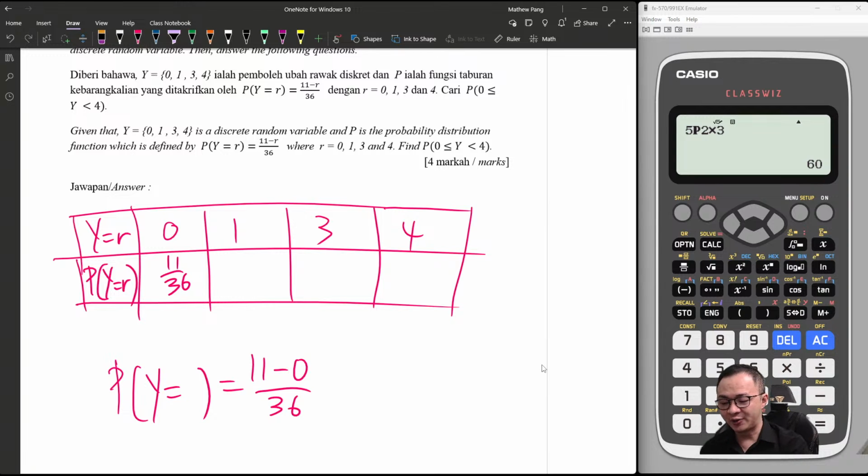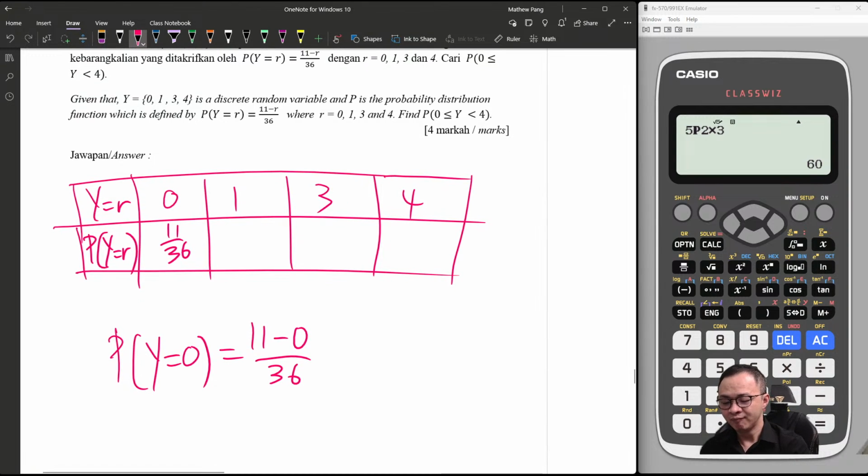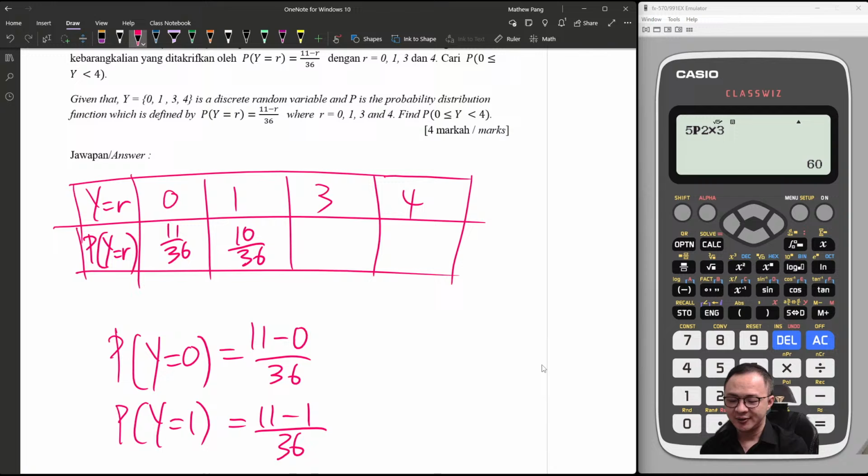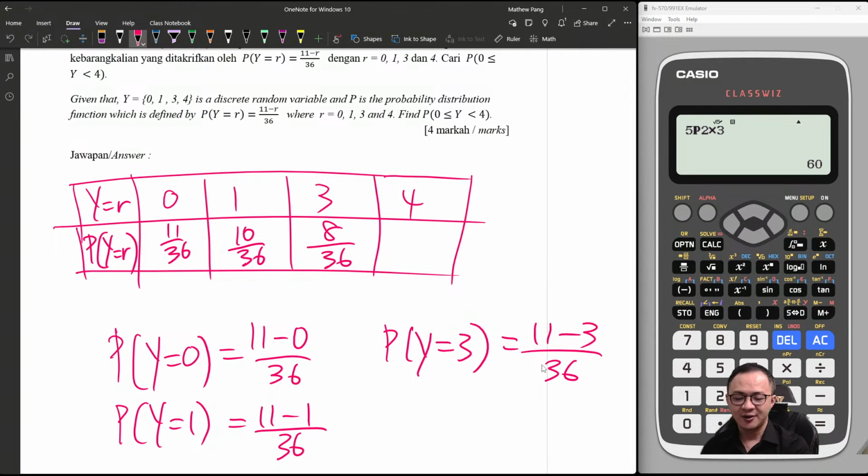When y equals 1, that means 11 minus 1 over 36, so this is 10 over 36. When y equals 3, 11 minus 3 over 36, so this is 8 over 36. 11 minus 4 is 7 over 36, right? Okay, we're done with the table.